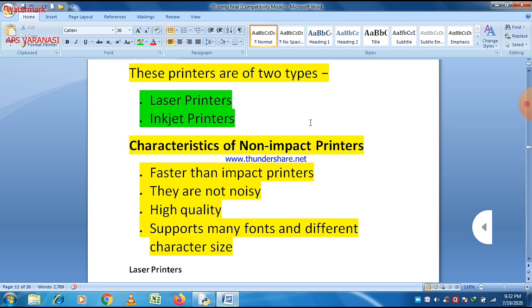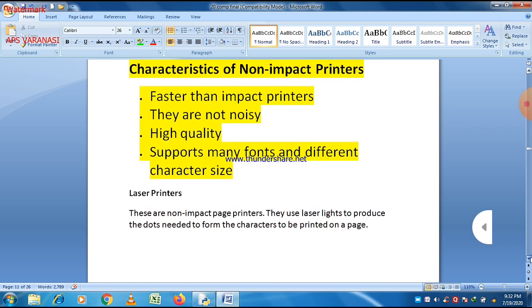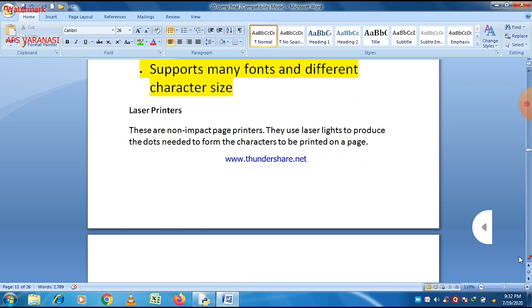A laser printer is basically used for commercial purposes, and an inkjet printer is basically used for personal work, office work and in different shops where a very high quantity of printing is not required, but for commercial purposes we always use a laser printer.